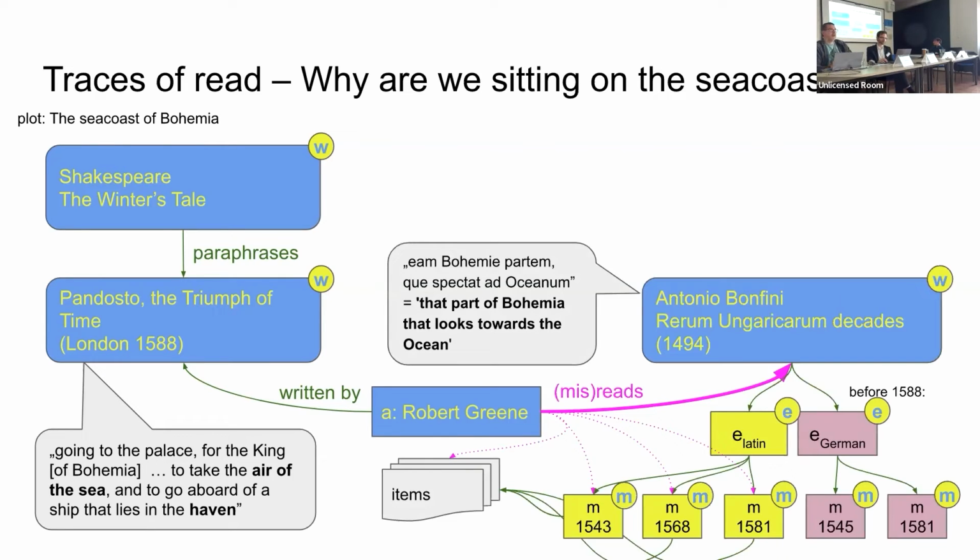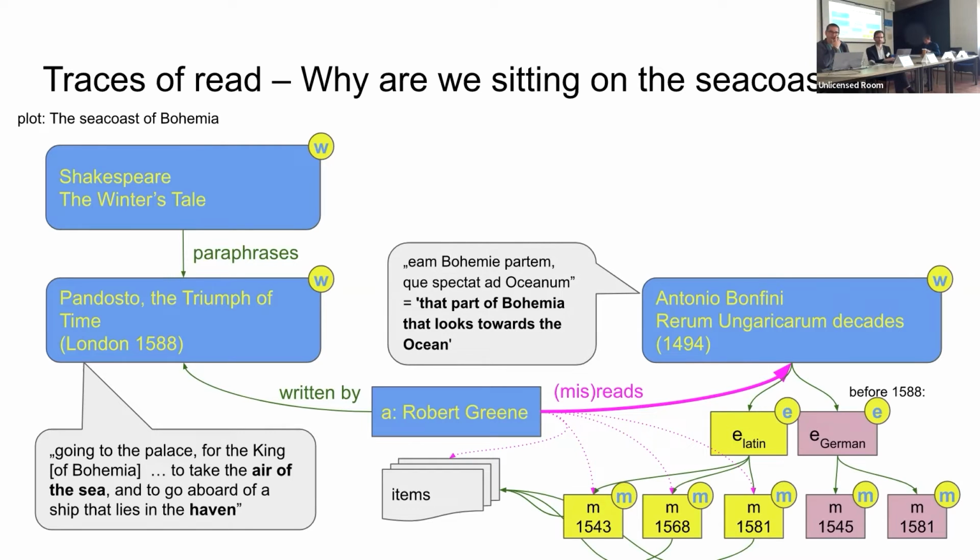But where does Robert Greene get this strange idea that Bohemia has a seacoast, and that nearby the royal castle there's a haven where ships are lying and ready to travel? So there are multiple ideas.